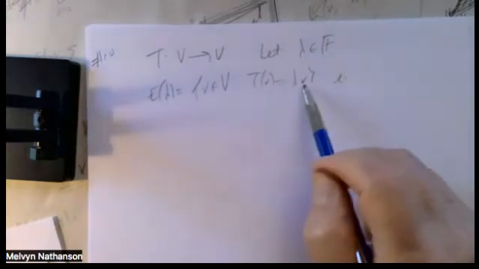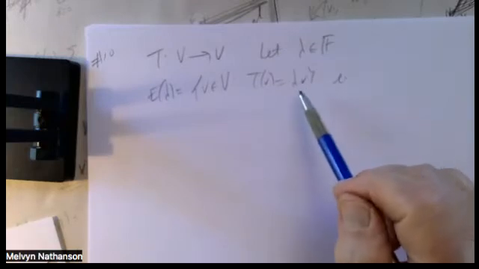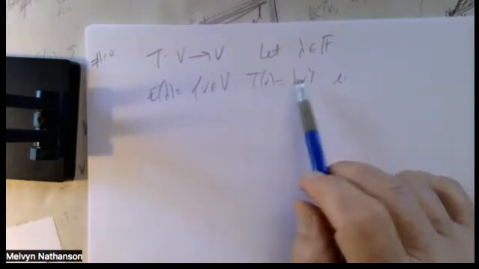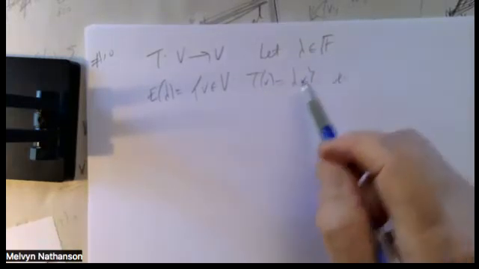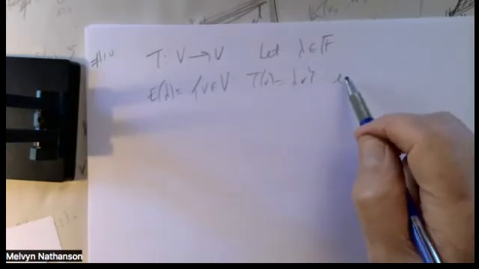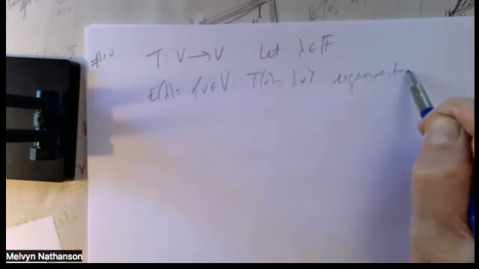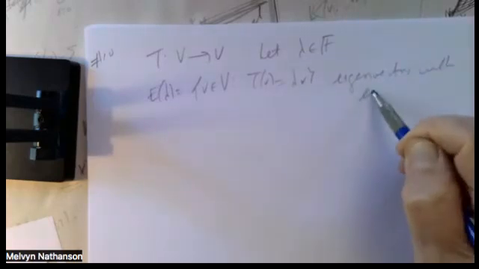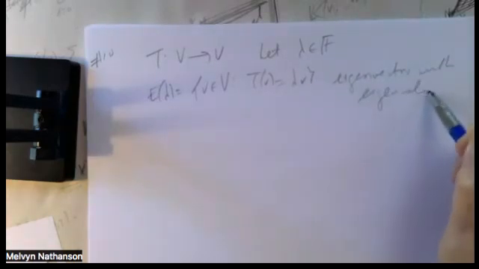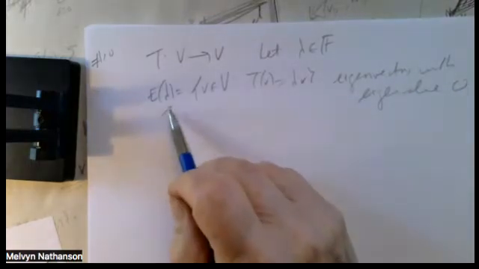This includes the vector 0, because T of 0 is 0, and it includes every eigenvector, so this includes all eigenvectors with eigenvalue lambda.